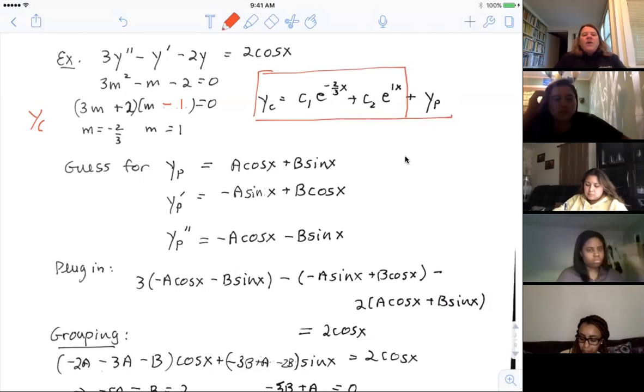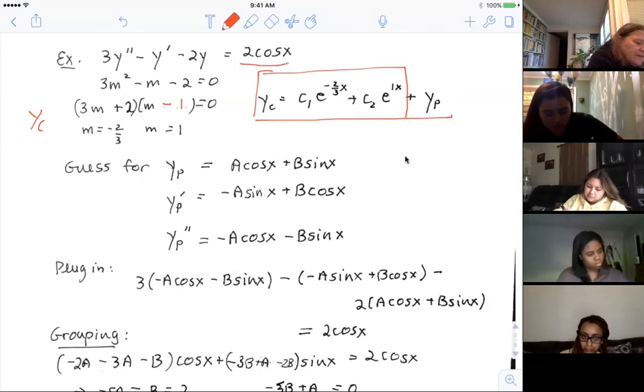All right, so I look at my g of x over here, and I say, what's my guess for that? What's my intelligent guess? This is not just a guessing process, it's an intelligent guessing process, because you have to get a generic solution out of which would come some cosines.